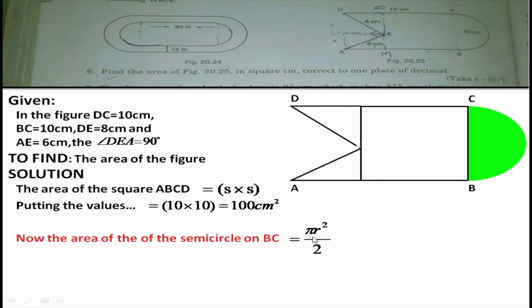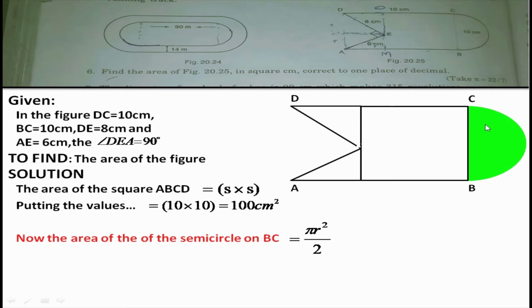Just we need to put the values now. The question has said us to take pi 22 by 7. So we cannot take anything else. We cannot take 3.14. We don't know the value of radius. Now how will we carry out the value of radius of this green semicircle?